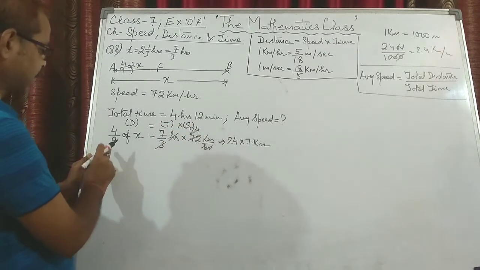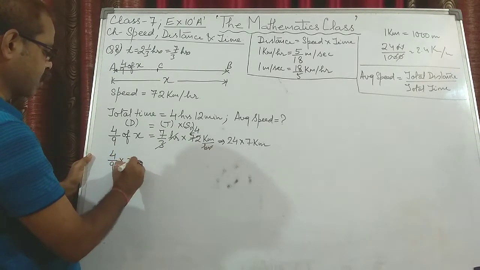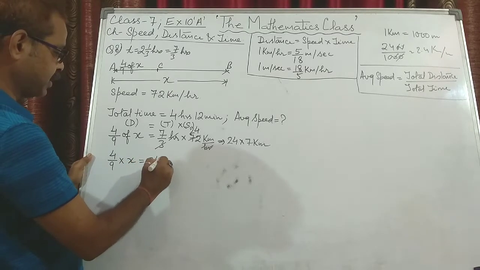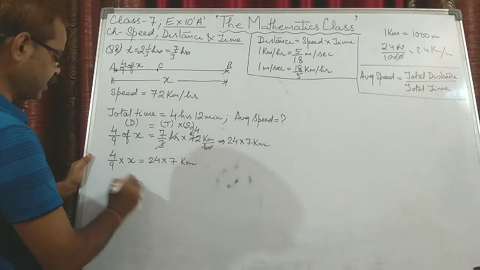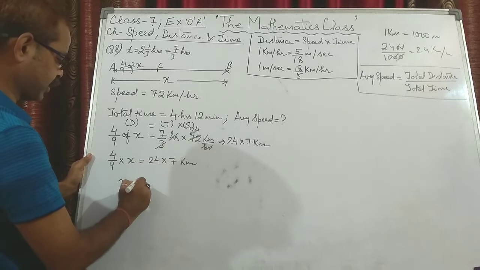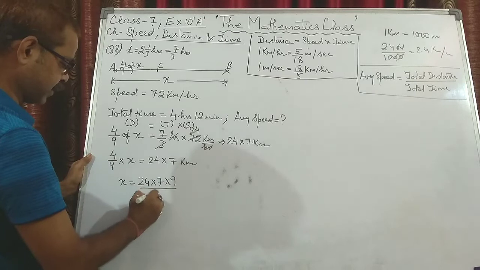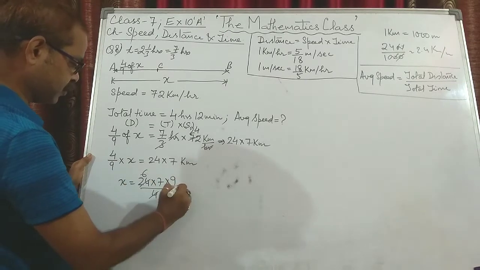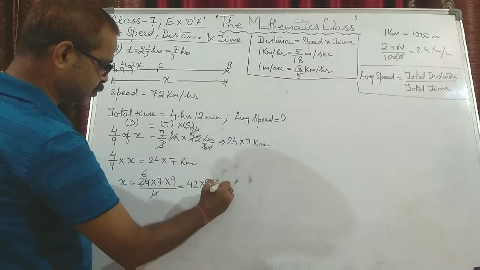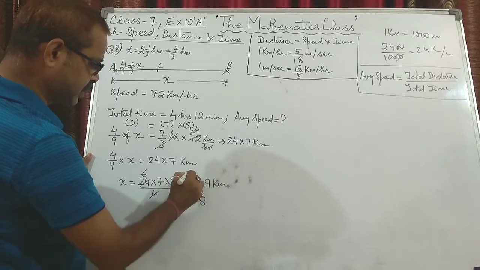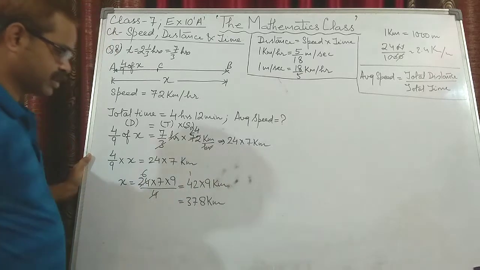So 4 upon 9 of x is equal to 24 into 7 kilometers. So x will be, this 9 will go in the numerator, 4 will come to the denominator: 24 into 7 into 9 divided by 4. 4 sixes are 24, 6 sevens are 42, into 9 kilometers. So 9 twos are 18, 36, and 378 kilometers is the total distance.